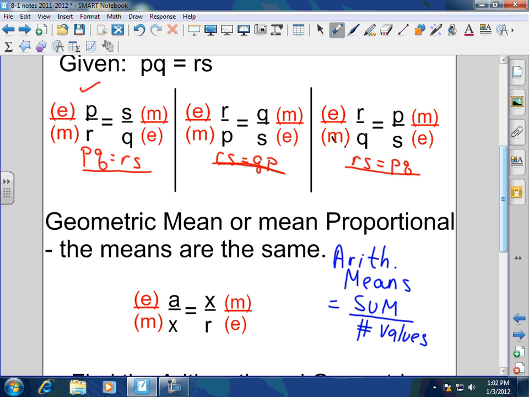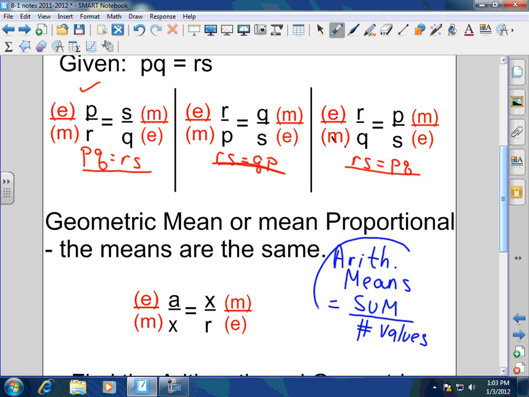It's like finding the average of your test grades, or your homework grades, or the average of the fastest running backs in the NFL. You'd add up, let's say, the top 15 running backs, divide that number by 15, and that gives you the average speed for the fastest runners in the NFL.